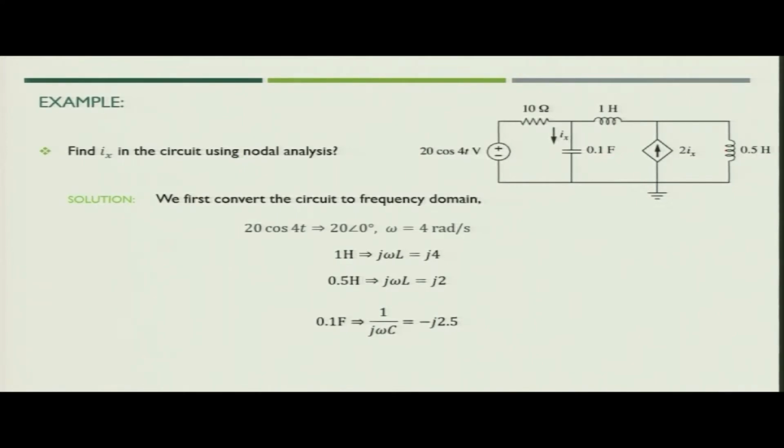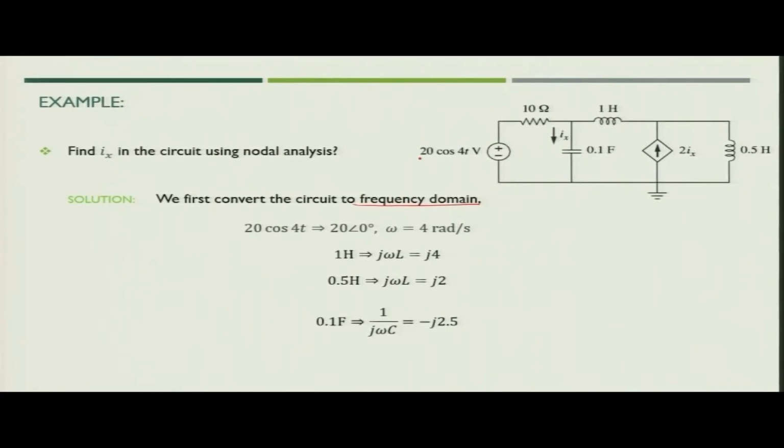So, the first task we have to do is to convert this particular circuit into frequency domain. That means, we will convert the sources into phasor and the elements which we see in the circuit will be converted into the frequency domain.